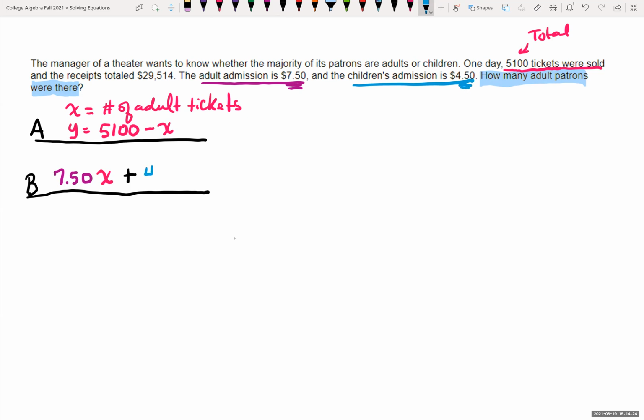So I do $4.50 times the number of children's tickets, which I said was Y, but instead of writing Y, I want it in terms of X. So I'm going to write in here 5,100 minus X. We know that this should equal the total amount of money that was made, and that was $29,514.